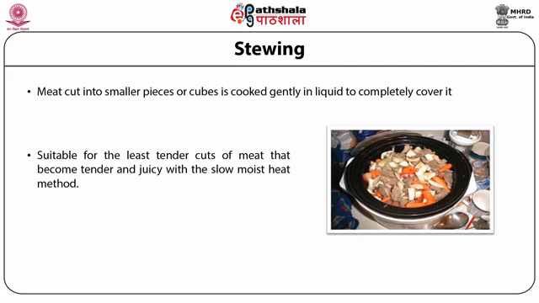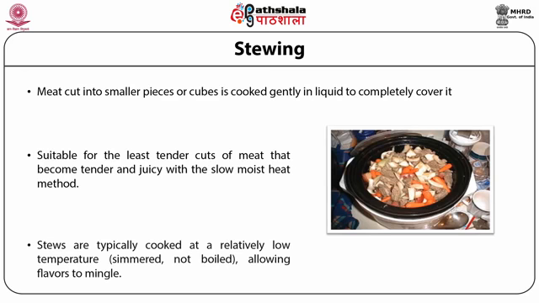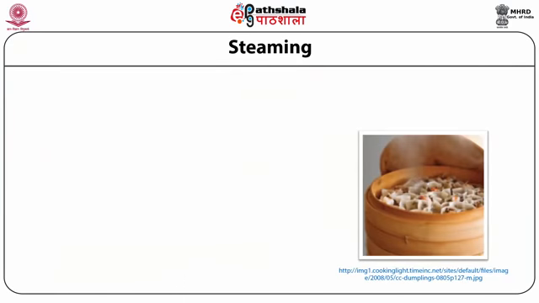While water can be used as the stew cooking liquid, wine, stock, and beer are also common. Seasoning and flavorings may also be added. Stews are typically cooked at a relatively low temperature, allowing flavors to mingle.